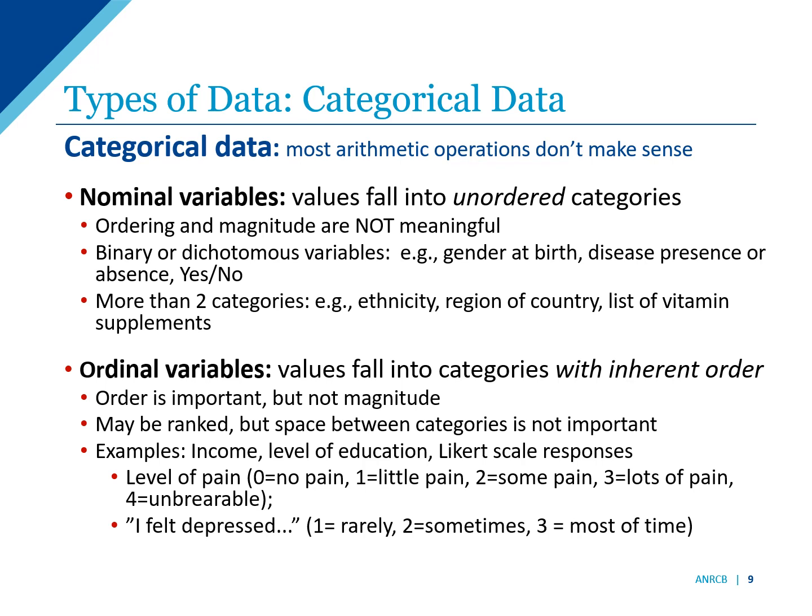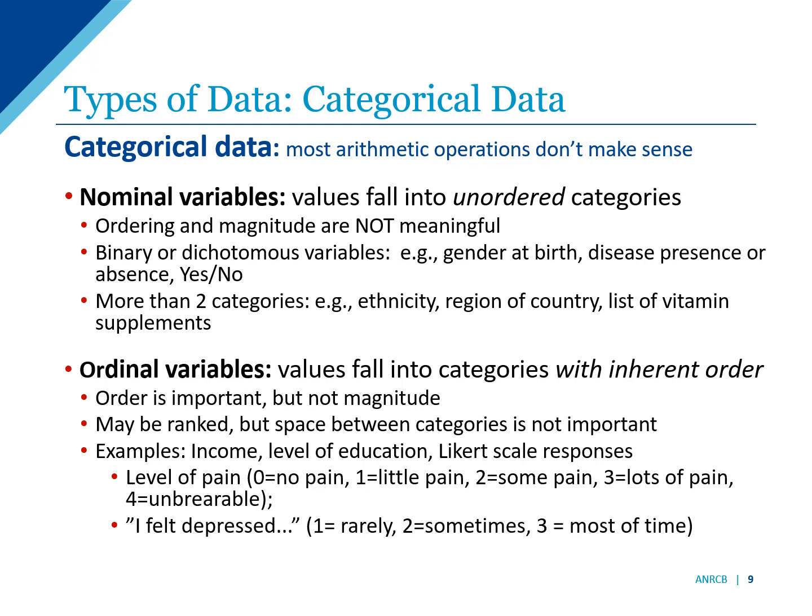With ordinal variables, values fall into categories with some inherent order, so the order is important, but not the magnitude. You still don't have one value that is, for instance, twice as much as another. Categories might include ranked data, but the space between the categories is not important.